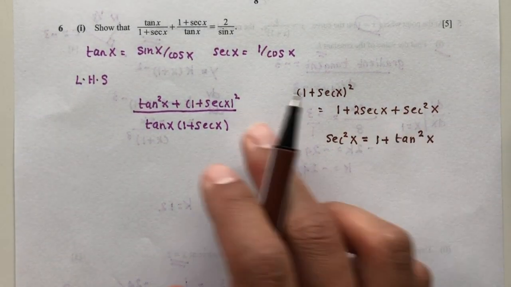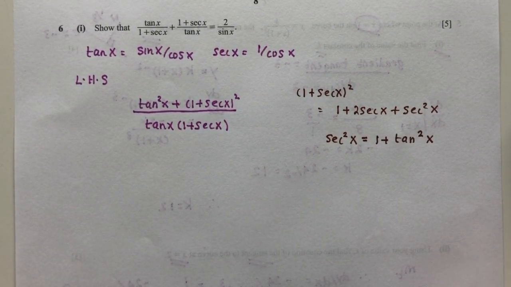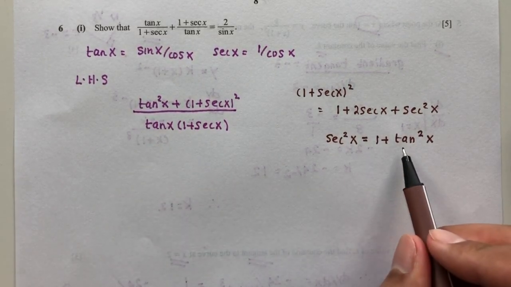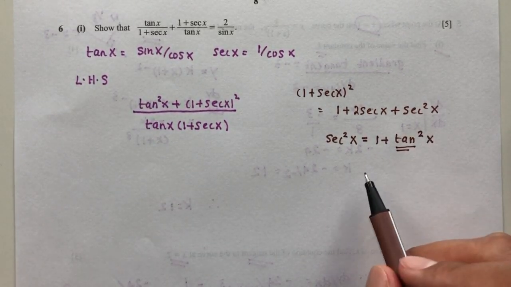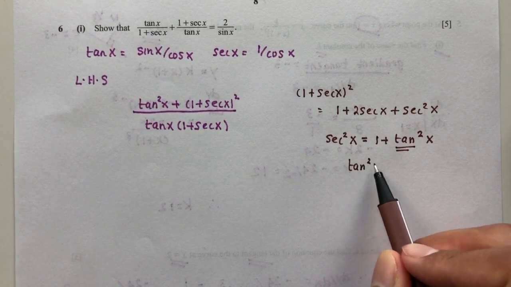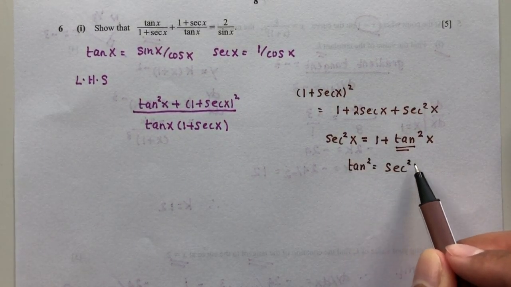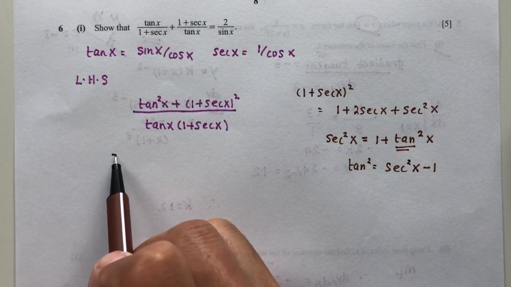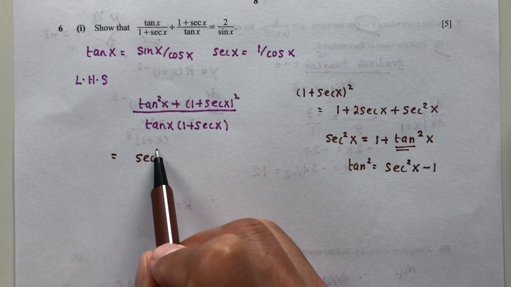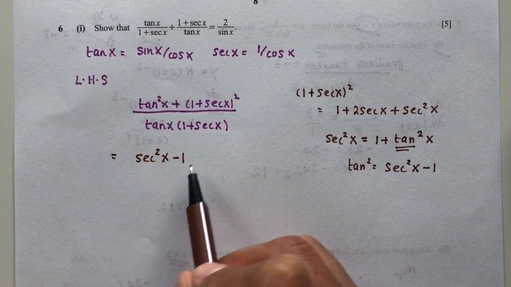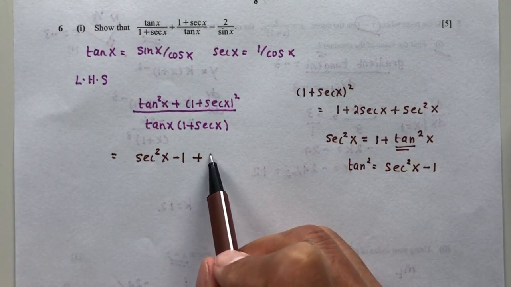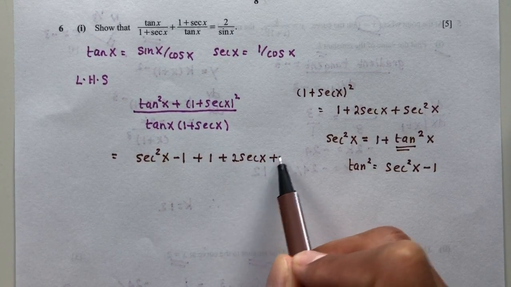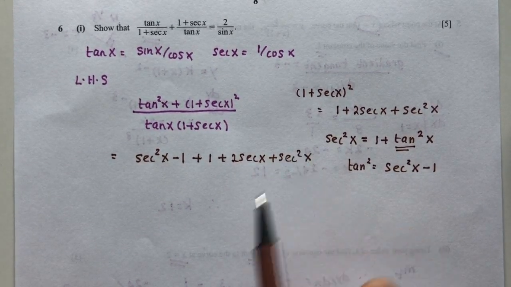Now let's replace this back in this equation to see what we have. You will have tan squared, so let's make tan squared the subject of the formula. Tan squared x will be equal to sec squared x minus 1. Let's put this here. So you will have sec squared x minus 1 plus 1 plus 2 sec x plus sec squared x.